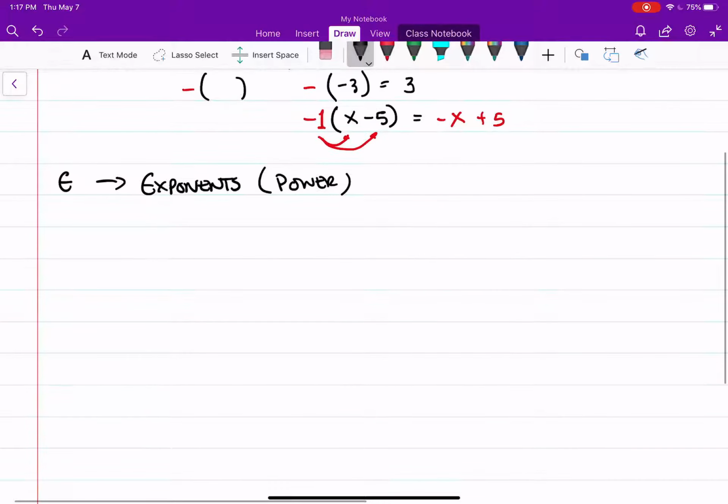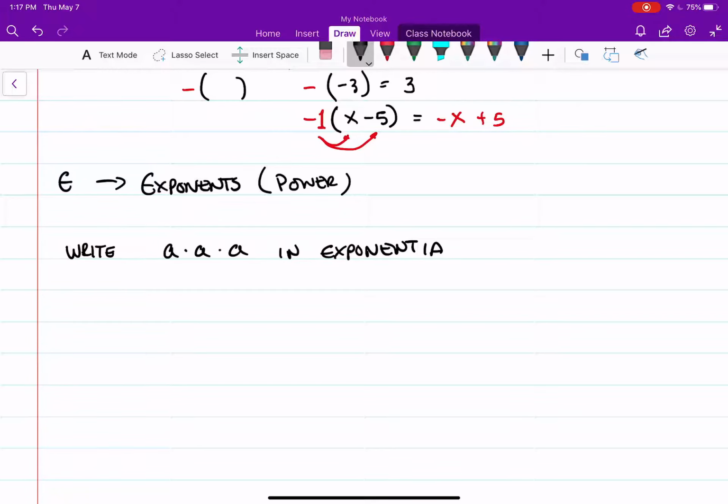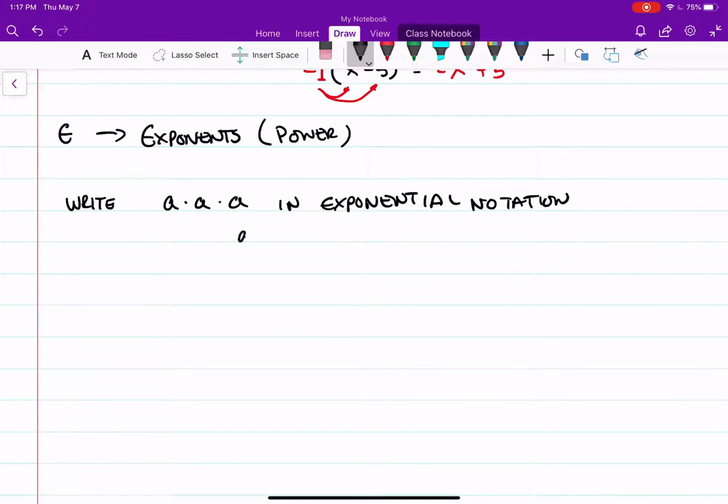So it might tell you to take a times a times a and write it in exponential notation. That means write it with an exponent, with a power. So this would be a to the third, because it's a times a times a.